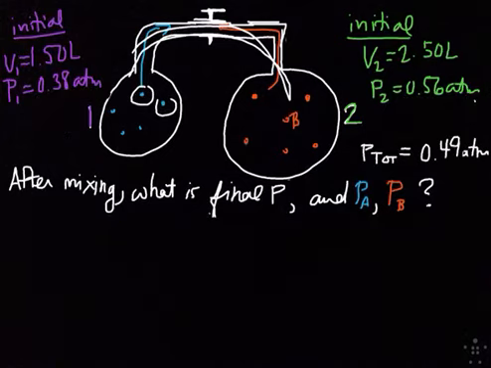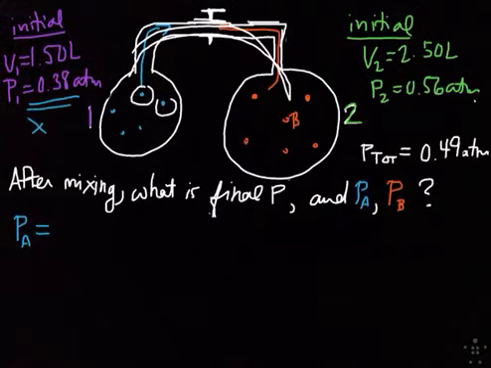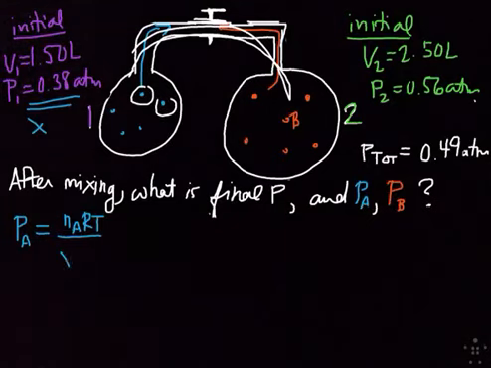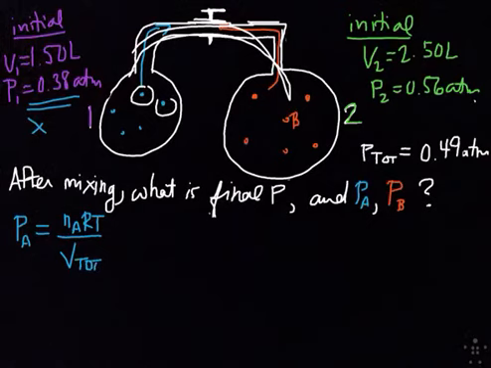So now I can go back and solve for my partial pressures PA and PB. I got to be careful. I cannot plug in just that initial pressure there. That's not going to help me because I want the pressure in the entire container. So again, I need NART over V total now. So the number of moles of just A over the total volume after everything's mixed.